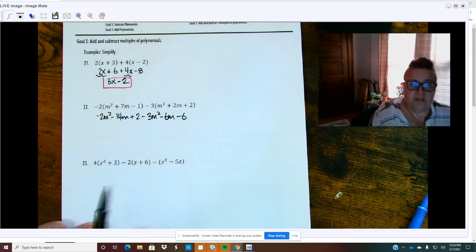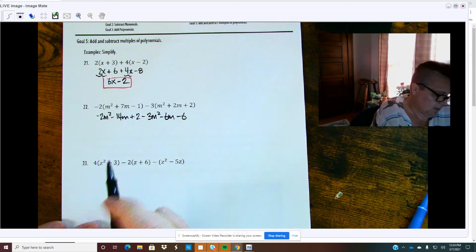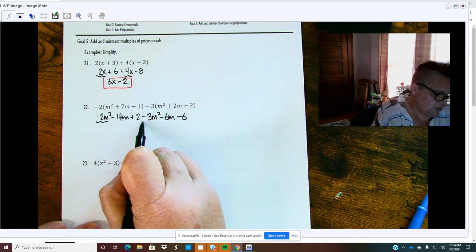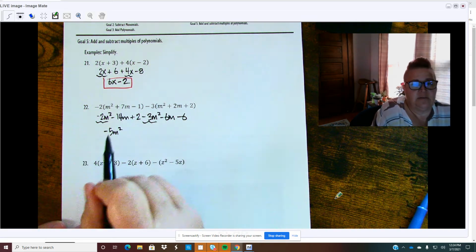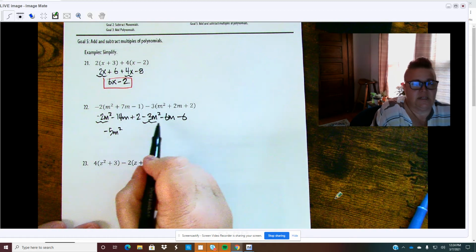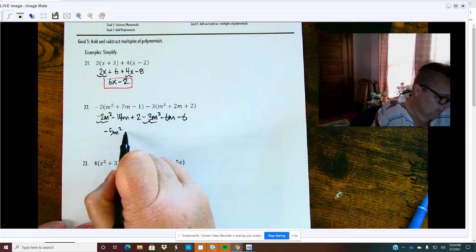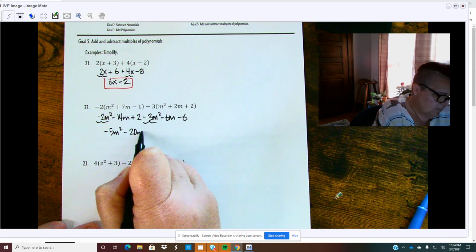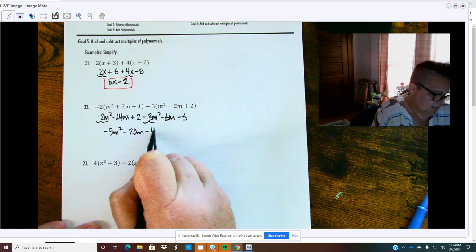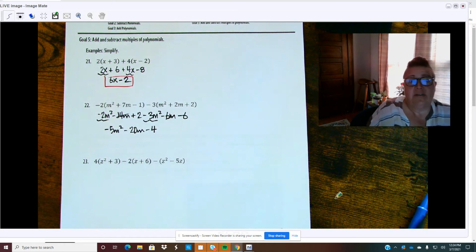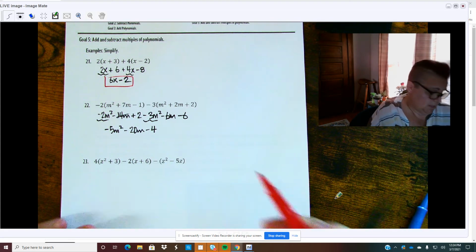And once I have everything distributed, then I can combine my like terms. Minus 2m squared minus 3m squared is a minus 5m squared. Minus 14 minus 6m is a minus 20m. Minus 2 plus 6 is a minus 4. Negative 5m squared minus 20m minus 4.